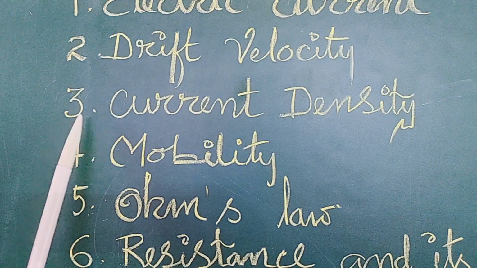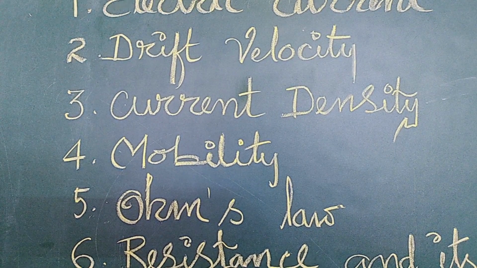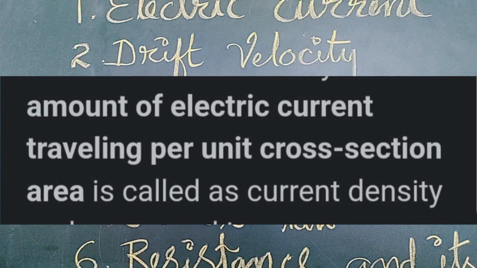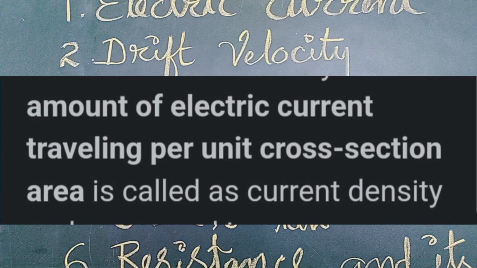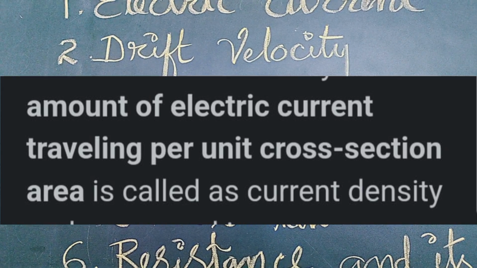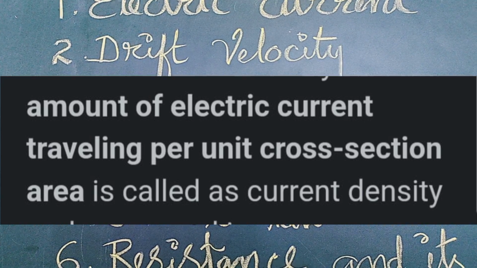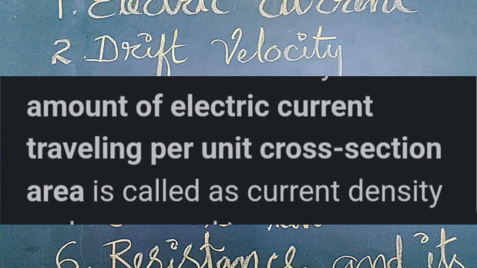The topic number 3, current density. Current density is the amount of electric current traveling per unit area of cross section. That means how many electrons are moving through that particular area of cross section, that we call current density.